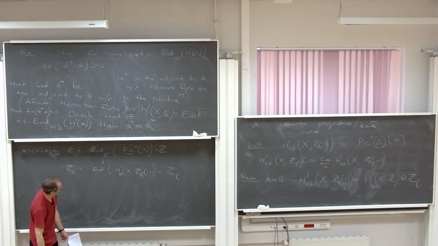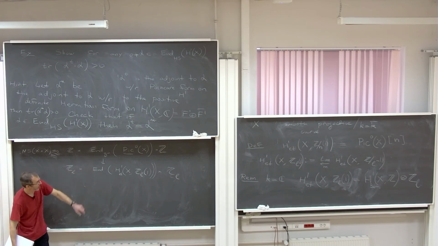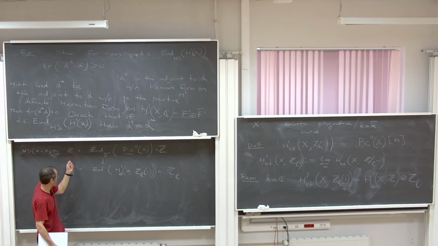So there is a map like this. So what is its definition? So this is just the embedding.